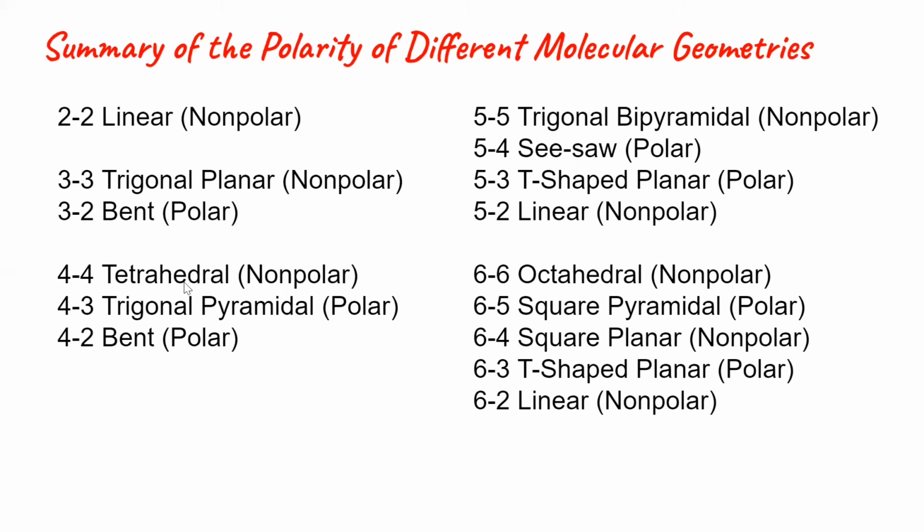Going through the rest of them, tetrahedral is almost always going to be nonpolar as long as all four attached atoms are the same. Trigonal pyramidal and bent are always going to be polar, just like seesaw and T-shaped. Planar will always be polar, but trigonal bipyramidal and linear can both be nonpolar.